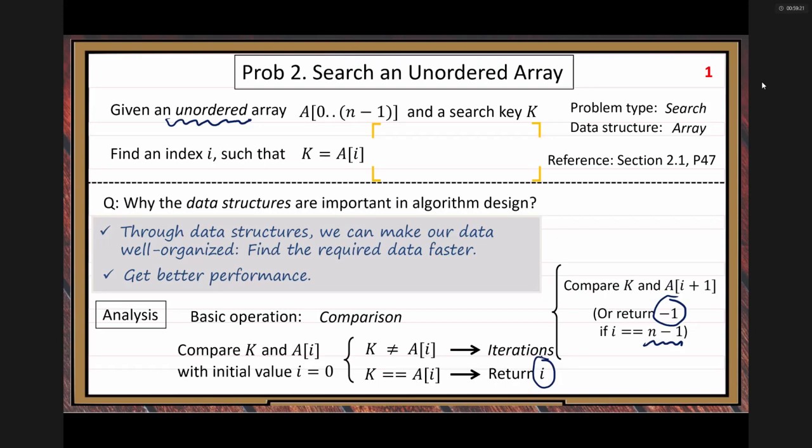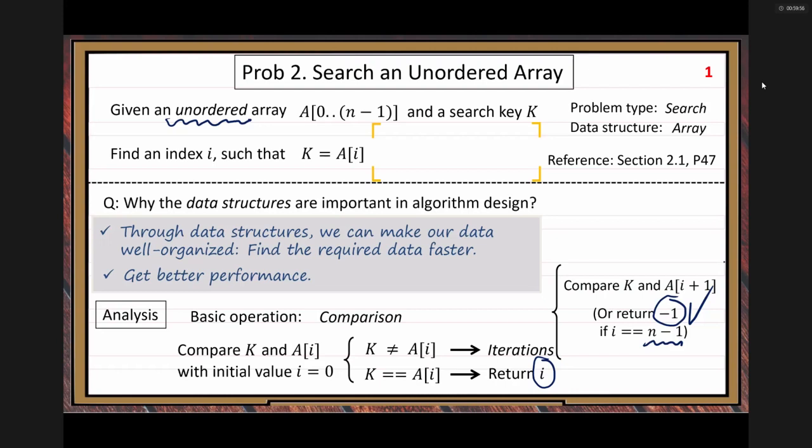If you do not find it, you should not return a valid index of an array element. So you want to return a value that's not a valid index. Here we choose -1. We know -1 is not a valid index. So if you see this value, you can get the idea the given element cannot be found in the given array. So that's all we need to know.